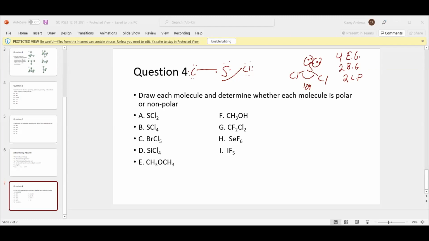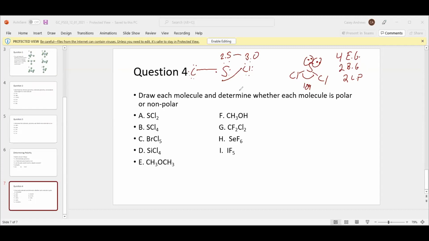By the way, those of you who are in lab, the best way to get this information is the molecular modeling lab because it's all in one place. The number for chlorine is 3. Sulfur has an electronegativity score of 2.5.